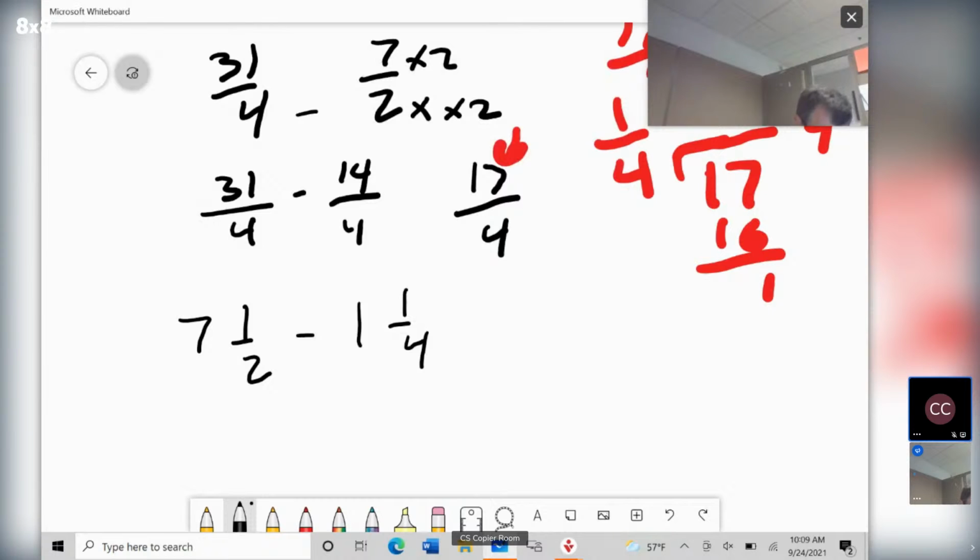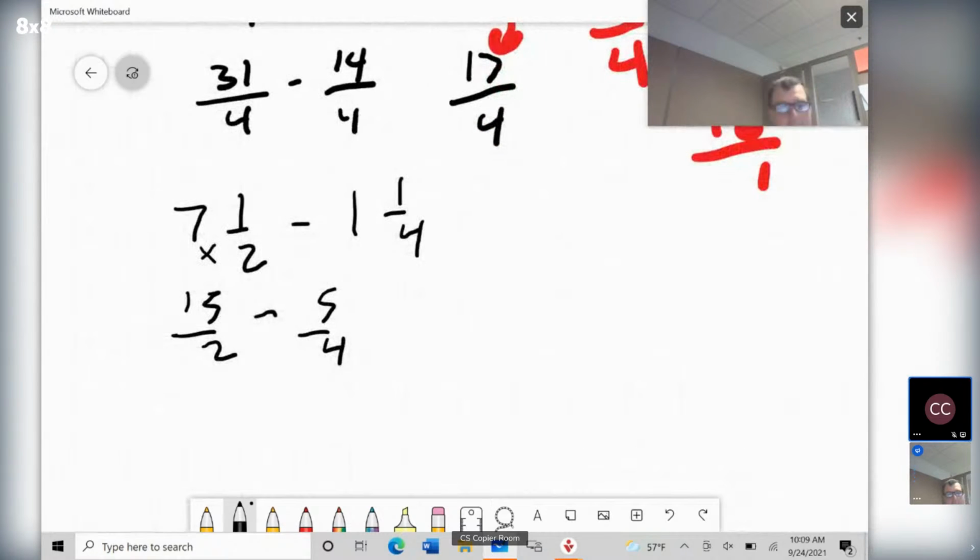Okay, so this will be 7 times 2 plus the 1 is 15 over 2. And this is going to be 4 times 1 is 4 plus 1 is 5 over 4. Okay, and then for our common denominator, we're going to look at the 2 and 4 and be like, oh, 2 goes into 4.